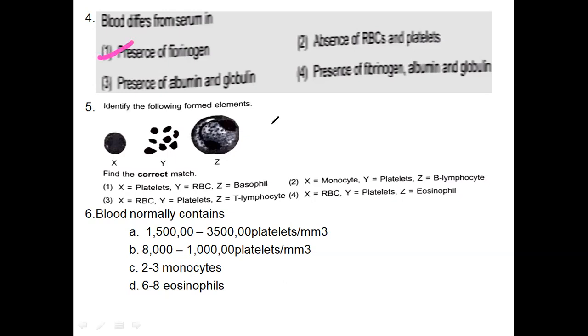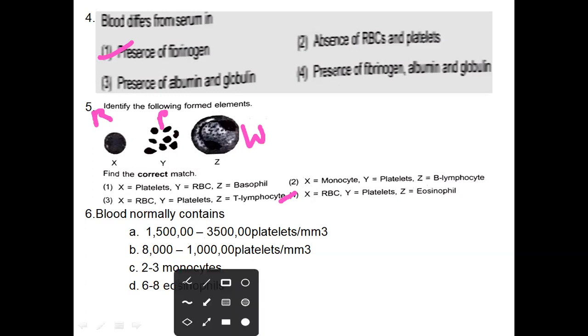Identify the formed elements. Find the correct match. X is equal to RBC, platelets, WBC. RBC, platelets as well as WBC, in that eosinophil, it's the fourth one.